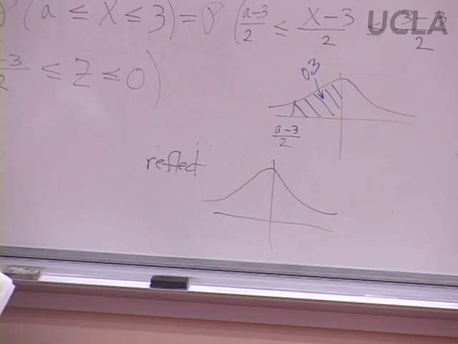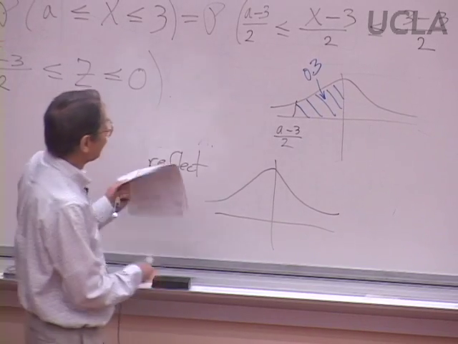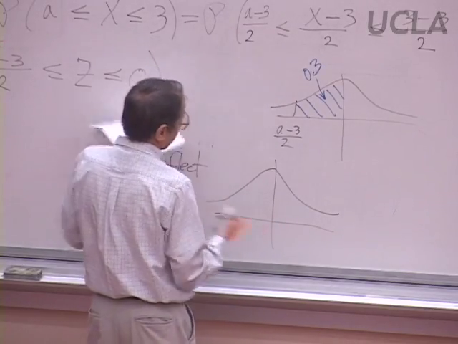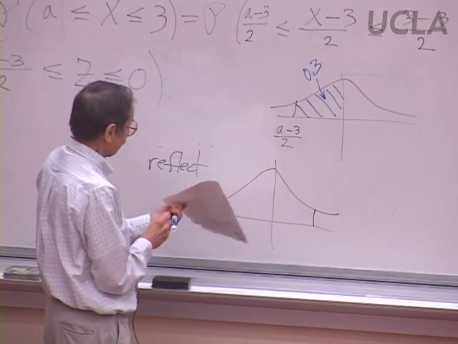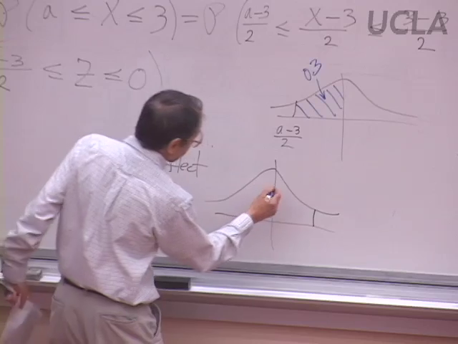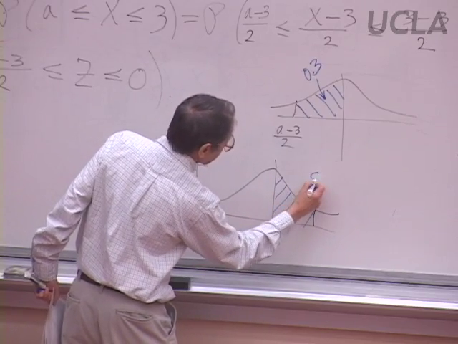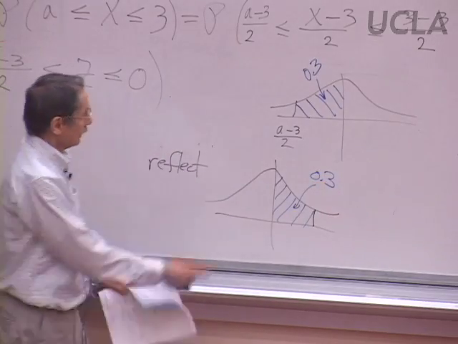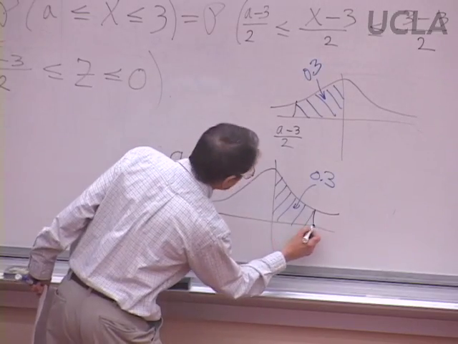Particularly if we're doing it without a statistical calculator. The mirror image of this picture, now the area is over here. And it's still 0.3. And this number in the reflection is the negative of the previous number.